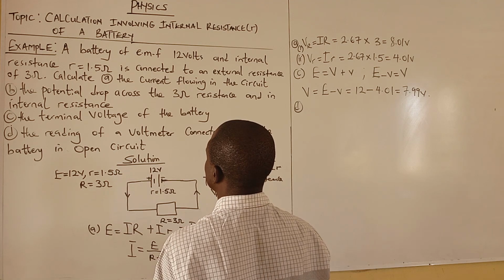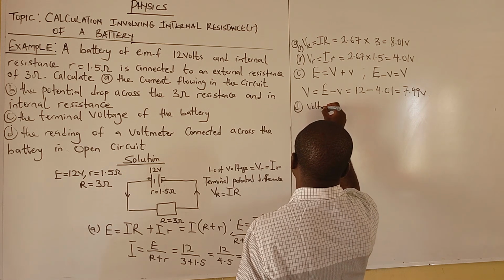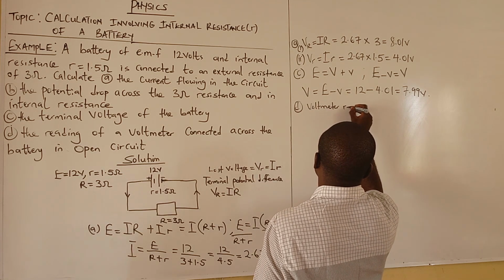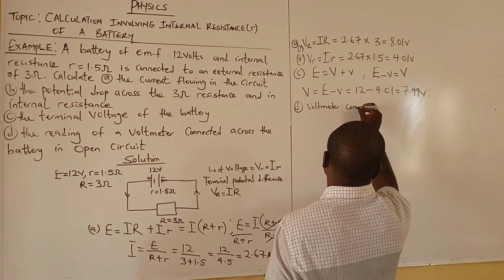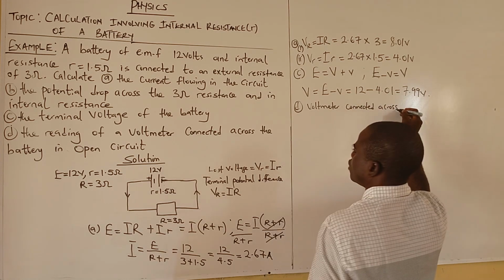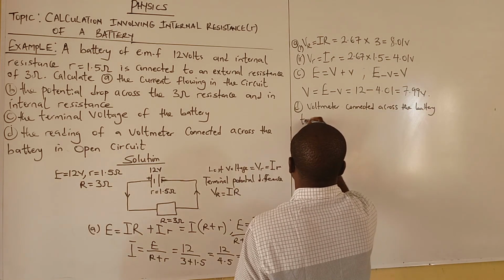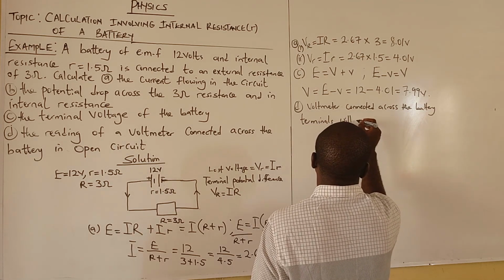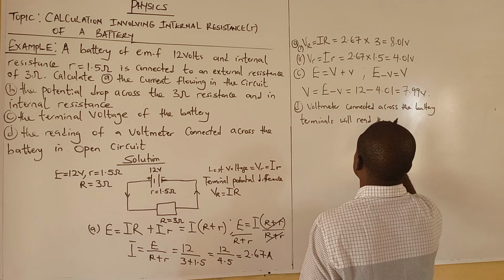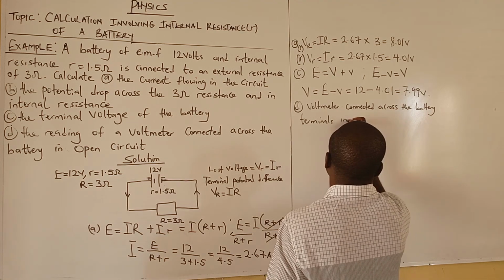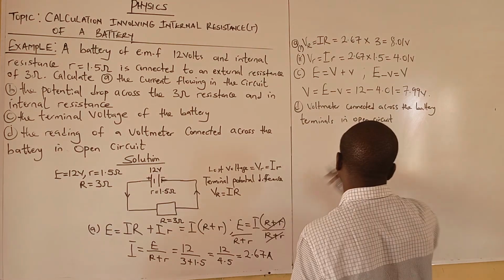The D part of the question asks for the reading of a voltmeter connected across the battery terminals in open circuit, that is, when it's not connected to the external resistance.